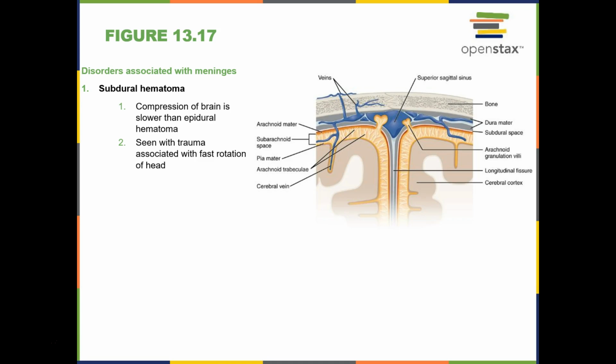But it's not as quickly noticed because you're bleeding slower, so it's a smaller space. Oftentimes, again, this could be associated with whiplash or some other severe damage to the head. You'd also have to drill through the skull, cut through that first meninge, and then you'd have to drain that fluid and fix the damage.